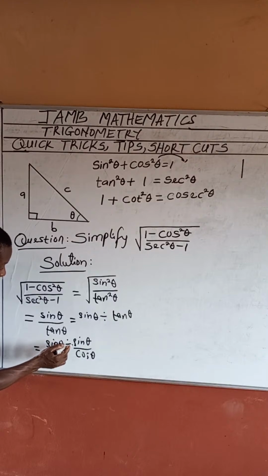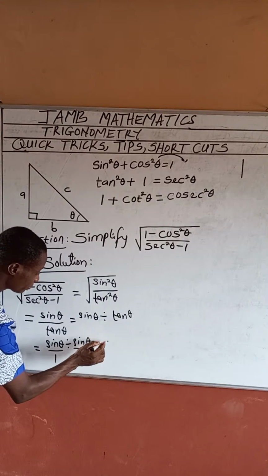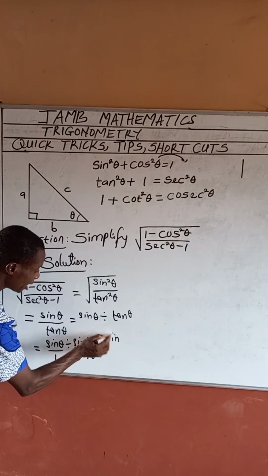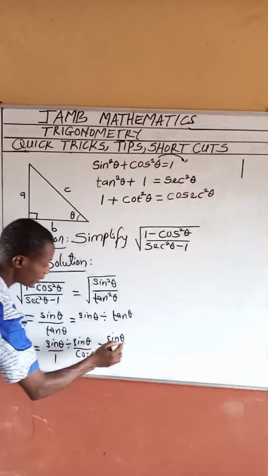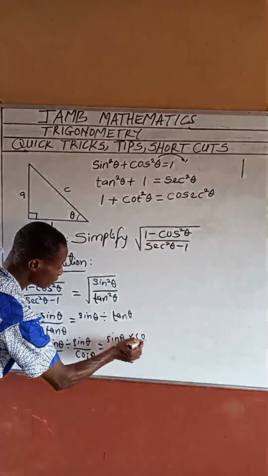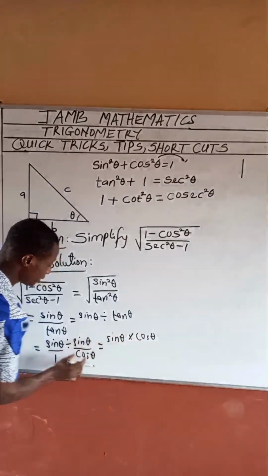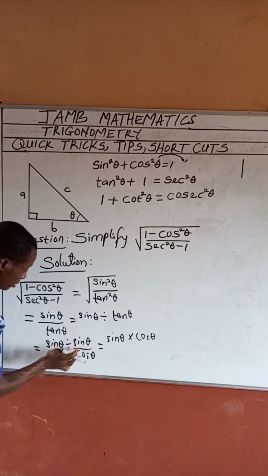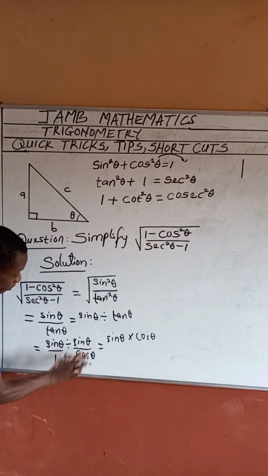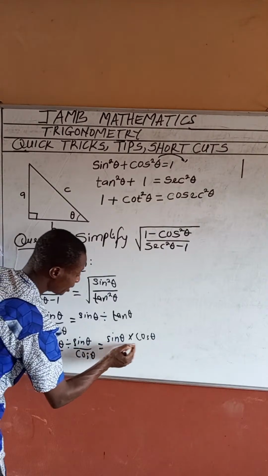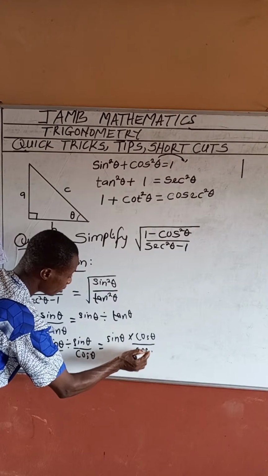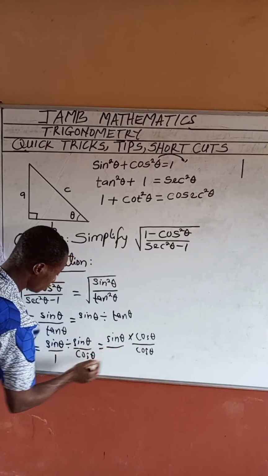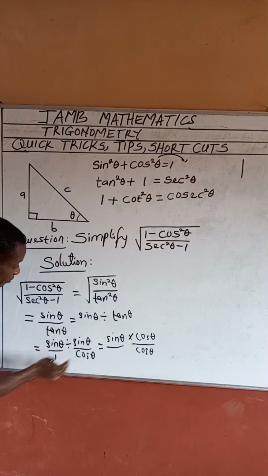In JAMB, what you do is cross multiply. So this is sin theta times cos theta, divided by what? By this. Always cross multiply when you have something like this.